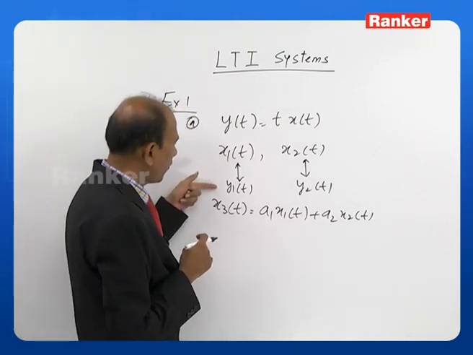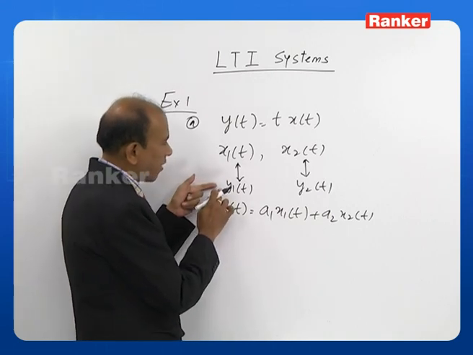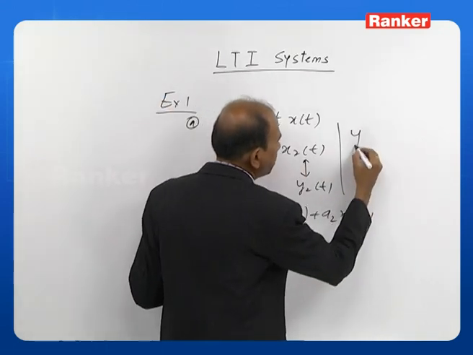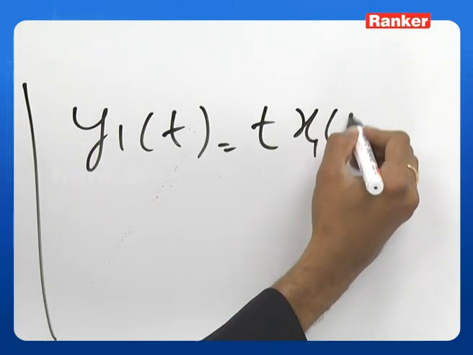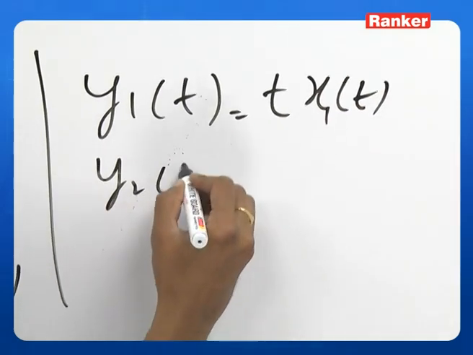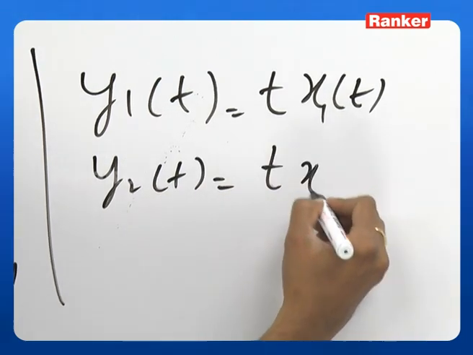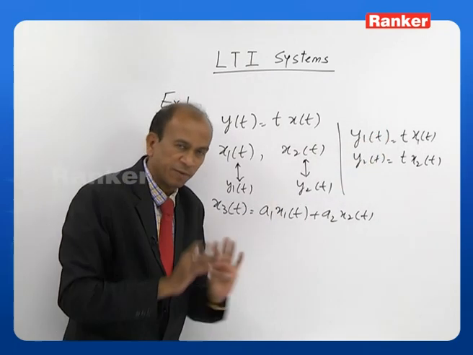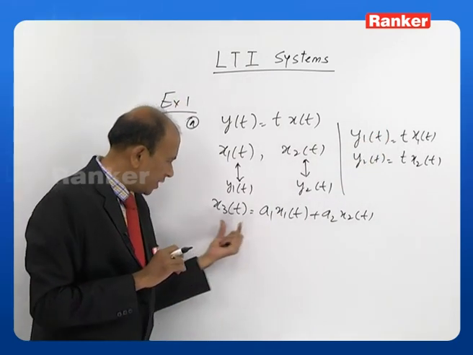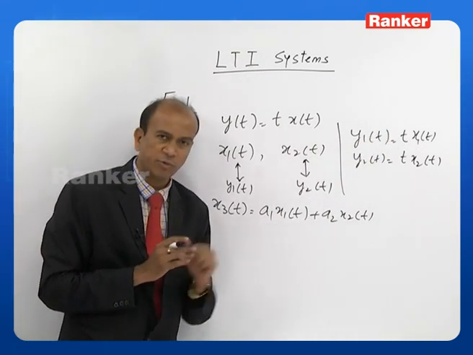So, what is y of t here? y1 of t here will be equal to t x1 of t and y2 of t will be equal to t x2 of t. So, these are the corresponding system responses that we are keeping here. Now, x3 of t is a1 x1 of t plus a2 x2 of t.